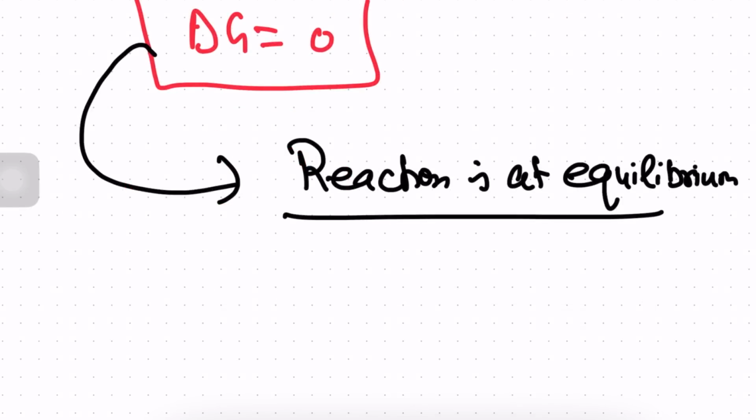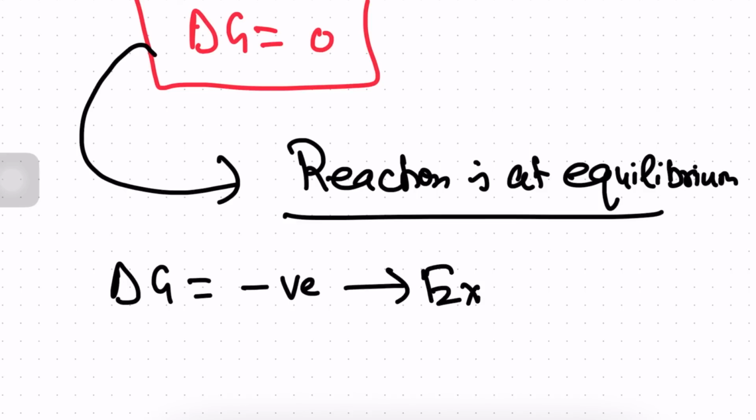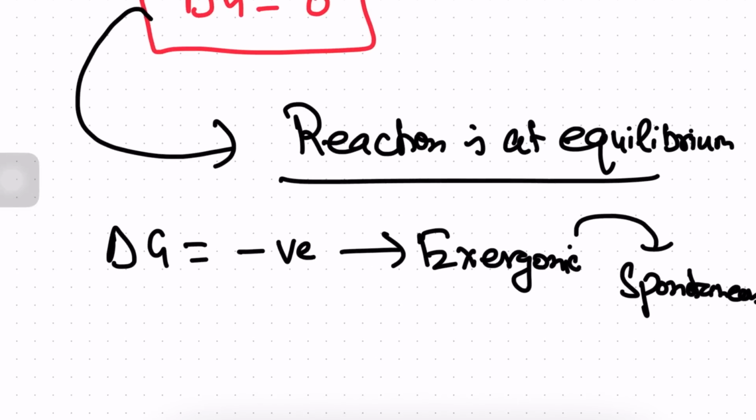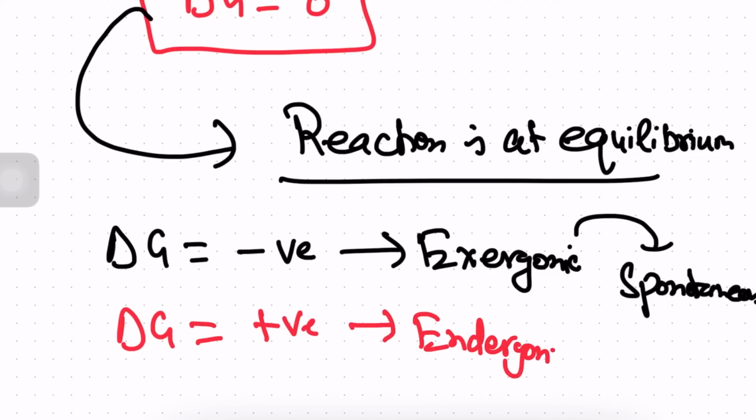Now keep in mind, when the value of delta G is negative, the reaction is exergonic, and exergonic reactions are spontaneous, meaning the reaction is going to proceed in the forward direction. If the value of delta G is positive, the reaction is endergonic. They require input of energy, and they are non-spontaneous.